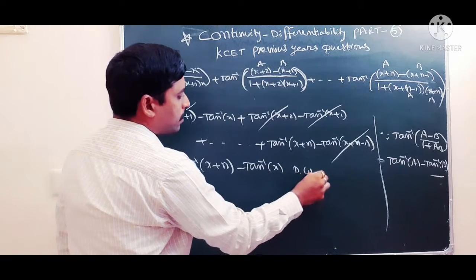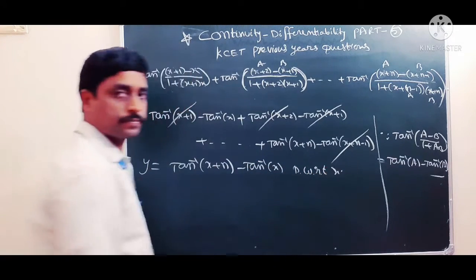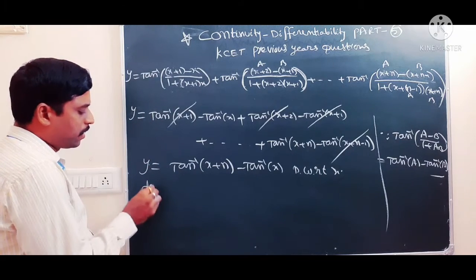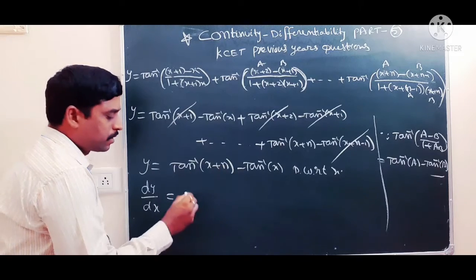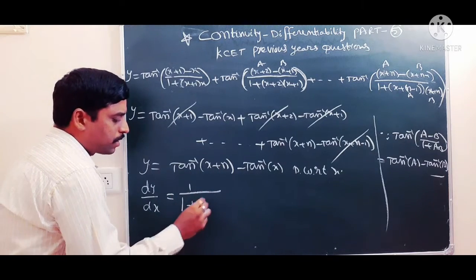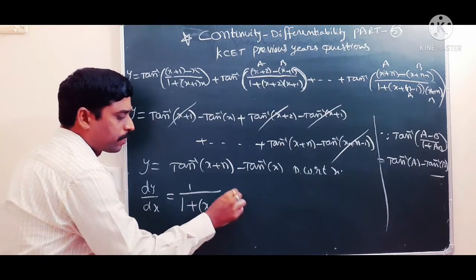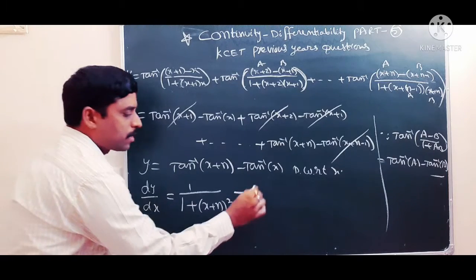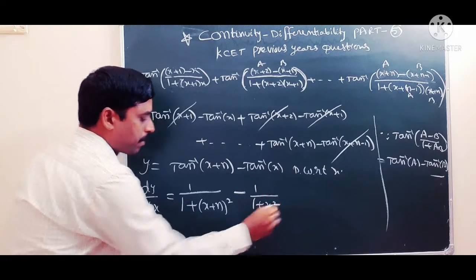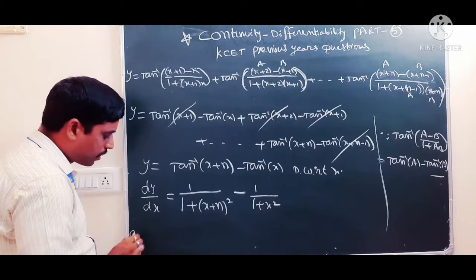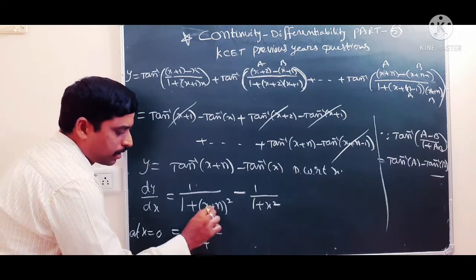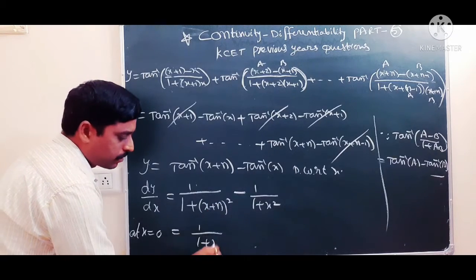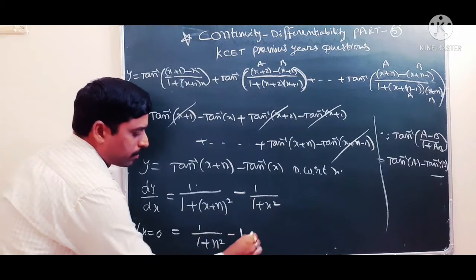So now take the derivative with respect to x on both sides. Derivative of y, dy by dx equal to derivative of tan inverse of (x plus n). This will be 1 by 1 plus (x plus n) whole square, and derivative of tan inverse x will be 1 by 1 plus x square. So what is our target? At x is equal to 0. This value will be 1 by 1 plus n square, 0 plus n square, minus this will be 1.